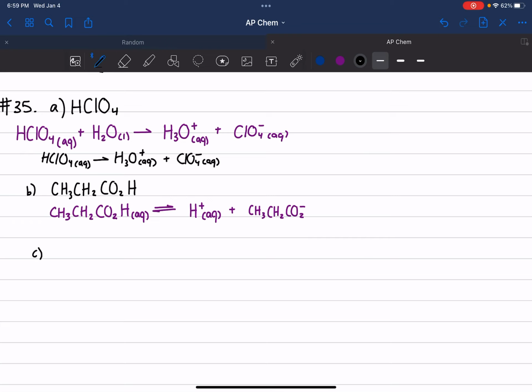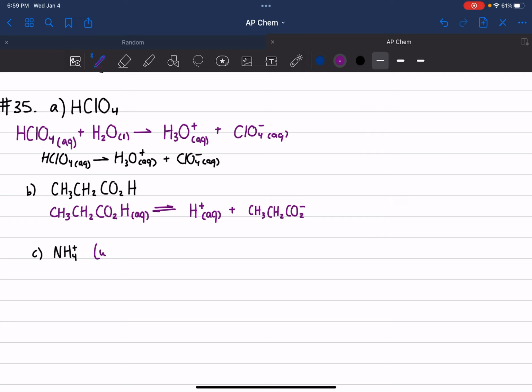Okay, C says the dissociation of the ammonium ion in water. The ammonium ion is NH4 plus, and ammonium ion is a weak acid, so I know that it can have a forward and a backward reaction.